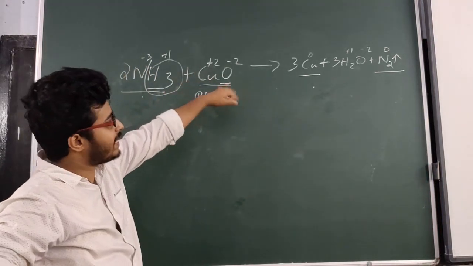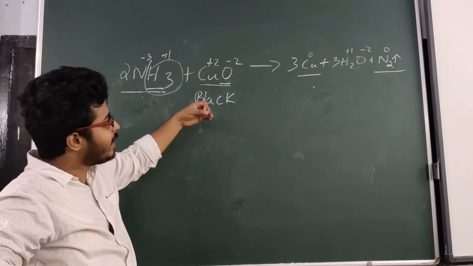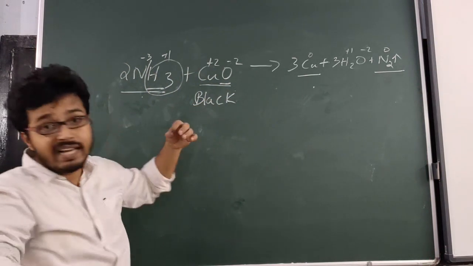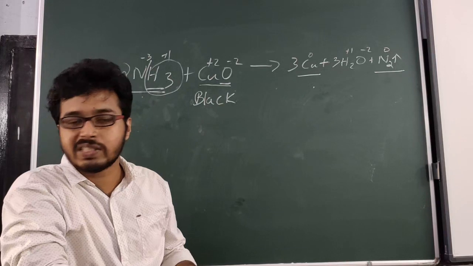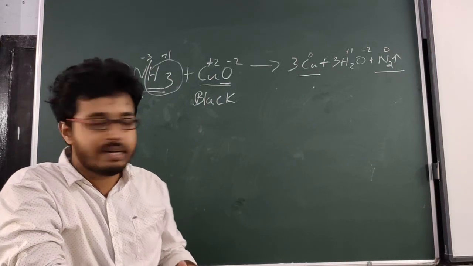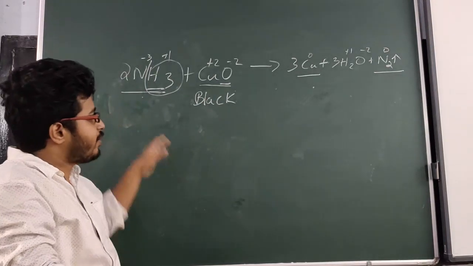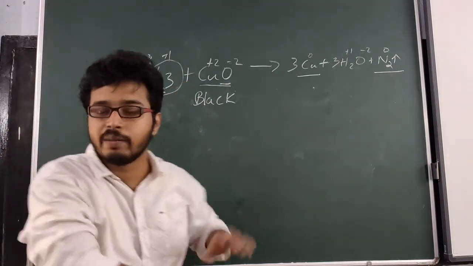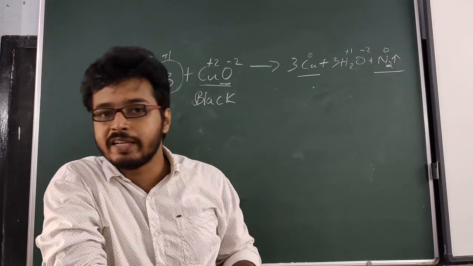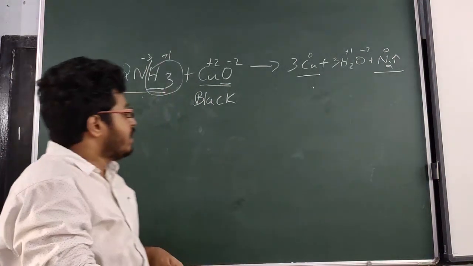Copper +2 to 0, it is having decrease in oxidation state, so it is undergoing reduction. So if you haven't studied the oxidation state method, that is also fine. You don't have to worry about that. You just need the simple method like addition of oxygen and removal of oxygen. You can explain based on that also.